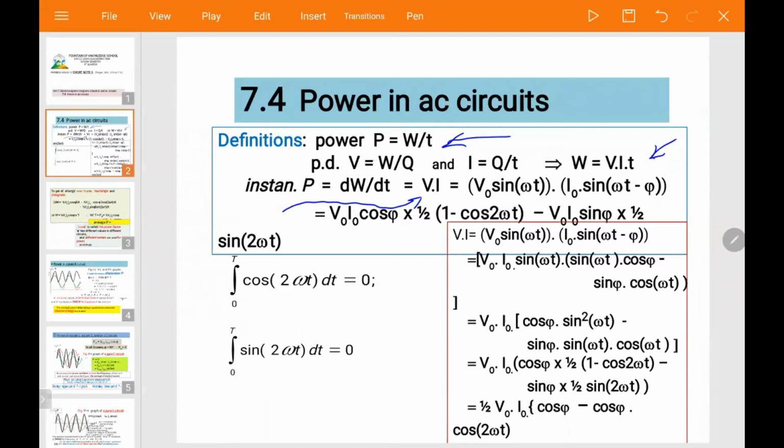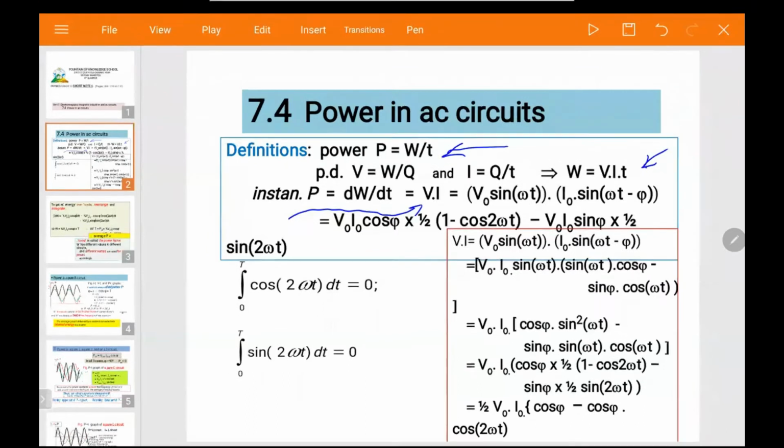I mean, the loop is changing continuously in the magnetic field. Okay, the coil in which we induce voltage. Voltage is equal to sinusoidal V0 sine omega t.